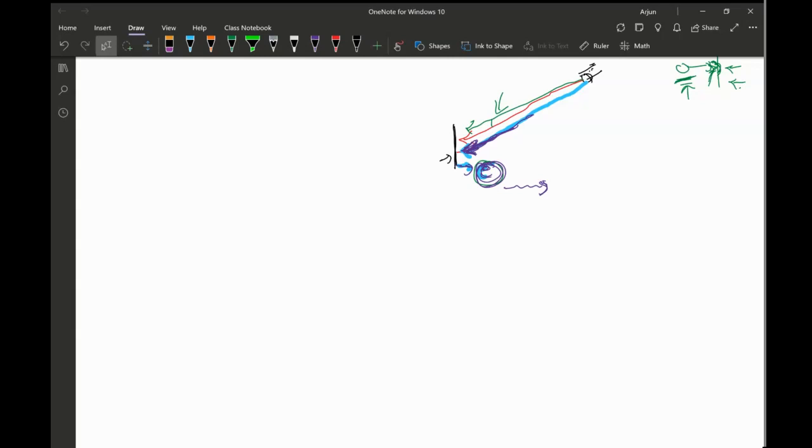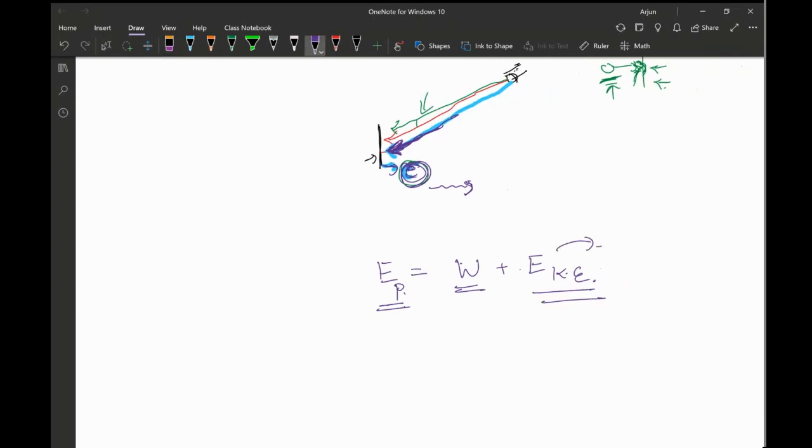He basically equated everything. He said that E equal to work function plus EKE, and this E is the energy of a photon. He said energy of a photon is equal to work function plus kinetic energy with which the electron will travel.